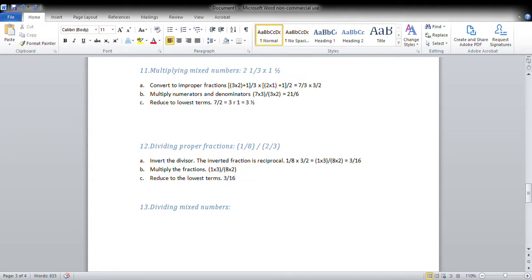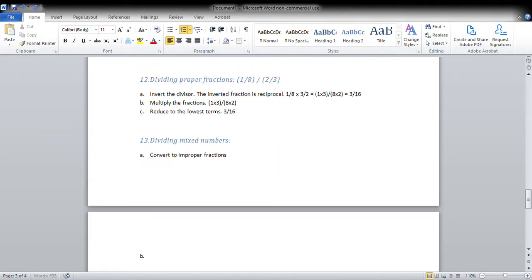Now, dividing mixed numbers is exactly the same. You convert them to improper fractions, and then you invert the divisor and multiply.